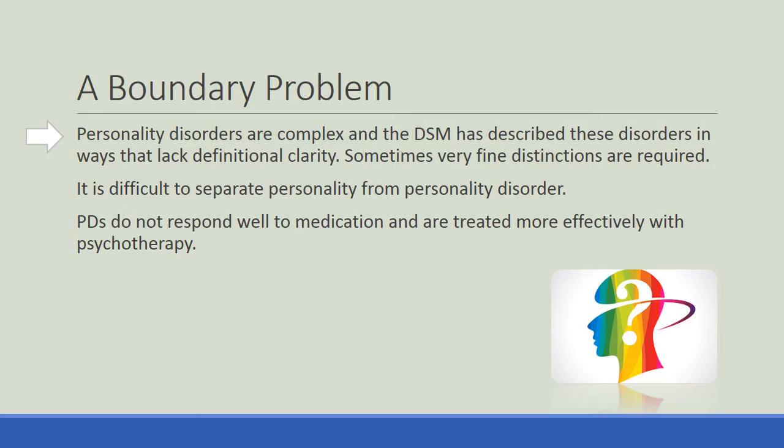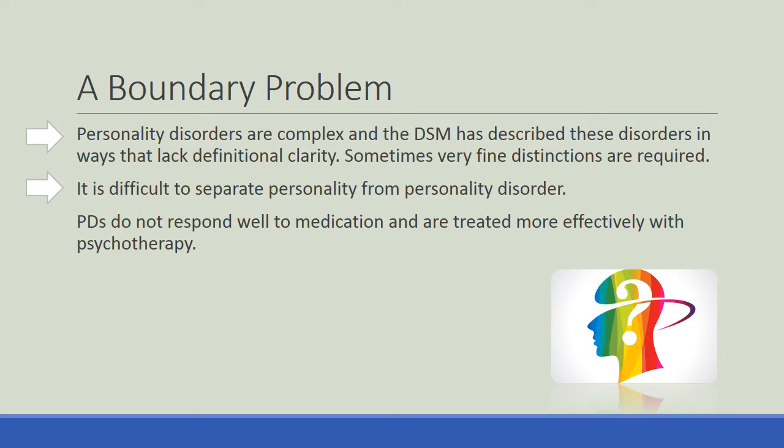Sometimes some very fine distinctions are required, and this can make it difficult for clinicians who need a diagnostic system that is easy to use in the field. And people don't fit neatly into just one diagnostic category, so they are frequently diagnosed with more than one personality disorder.